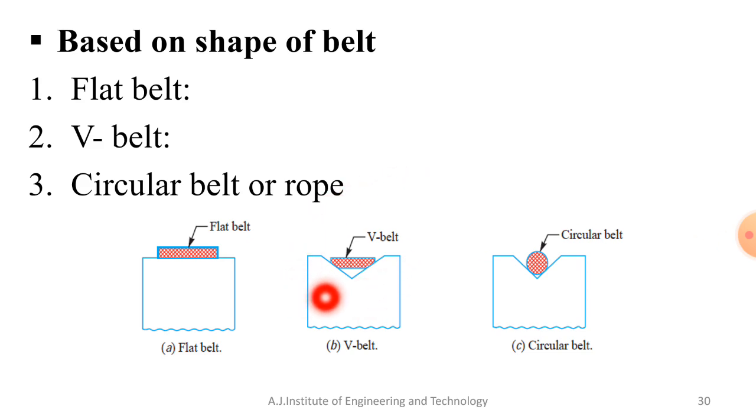The distance should be much lesser than 8 meters. Then we have to go for V belt, but the power transmission is more in case of V belt. Now coming to the circular belt, usually we call it rope belt drive.